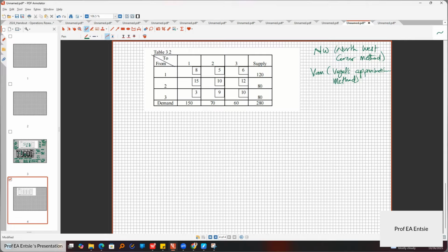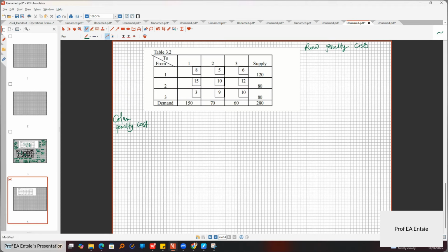If you don't allocate in that particular cell, it means you are going to incur a penalty cost. So we have the column penalty cost, and we also have the row penalty cost. Let's start with the column penalty cost.